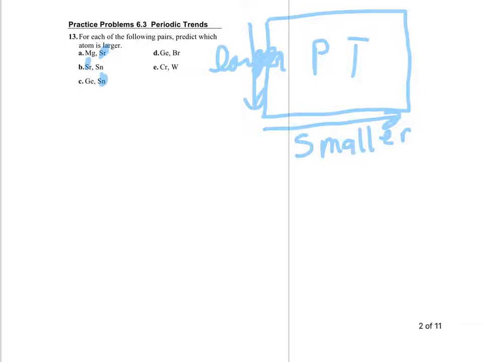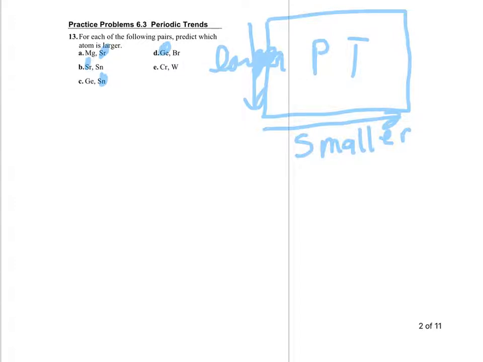D, we got Ge and Br, germanium and bromine, both in period number 4. So we'd expect the one farther to the left to be larger, which would be germanium. And then E, Cr and W, chromium and tungsten, both in group 6.